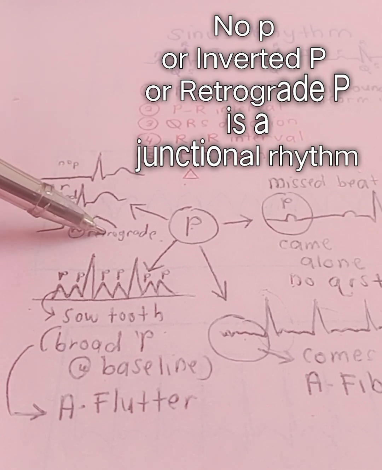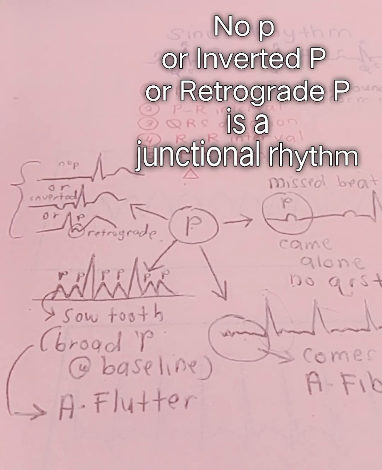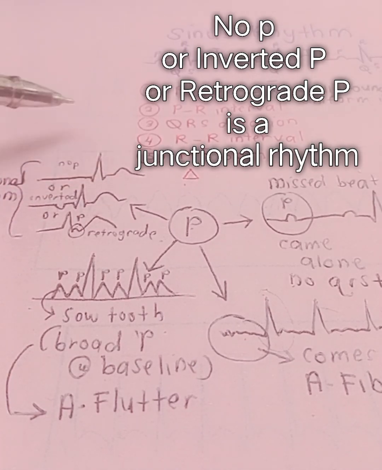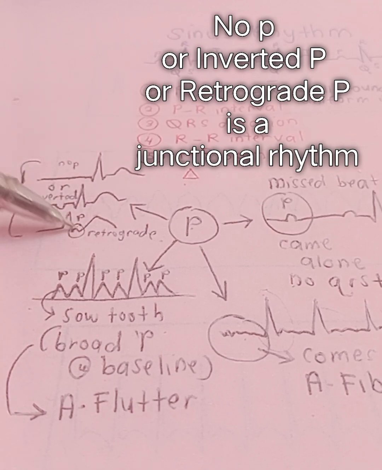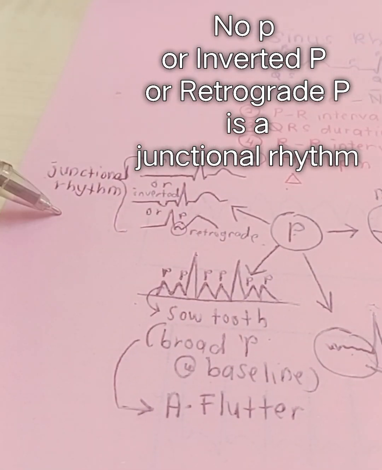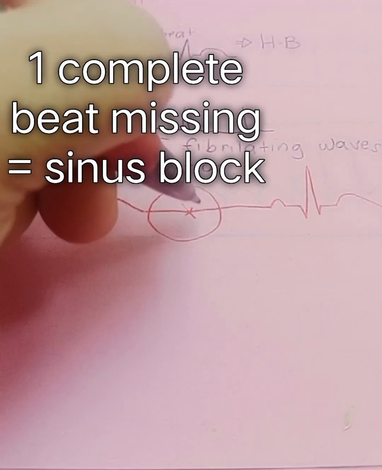After the QRS is the P wave. So when we see this in the rhythm, it is junctional rhythm. So no P, straight line QRST, or inverted P QRST, or P after the QRS. This is what we call junctional rhythm.